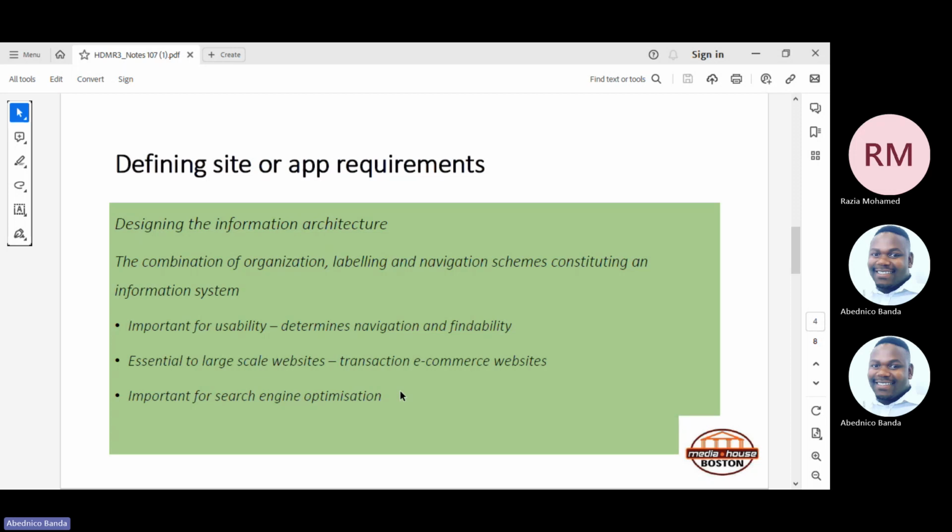So there's some form of organization, labeling, and navigation schemes happening at user accounts within a website. This is also important for search engine optimization because you cannot just search something on the website, but you can search something on Google and it appears on the browser from the website.